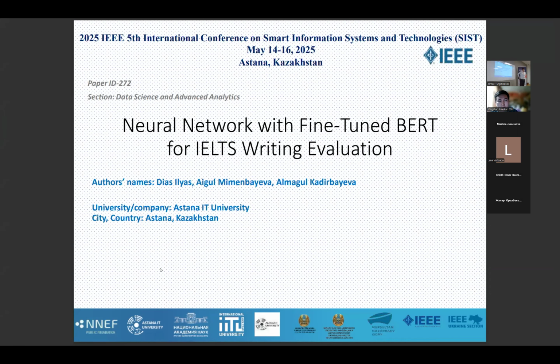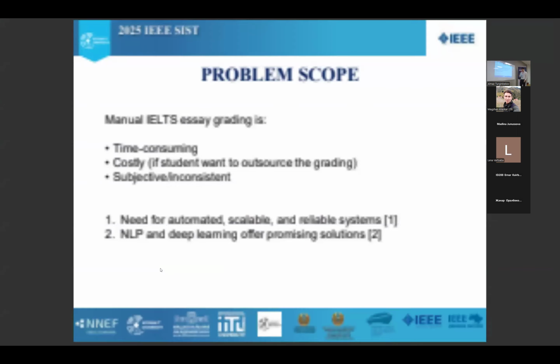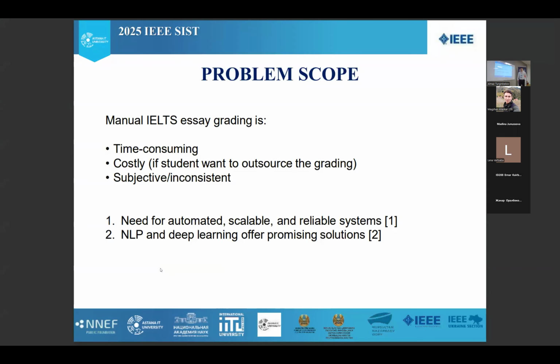For the researchers, my name is Dias, and I am going to introduce my paper named Neuronism for IELTS writing evaluation. The problem scope is that in our country, many students take IELTS tests every year, but manual evaluation of IELTS writing, especially the Writing Task 2 section, is very costly, time consuming, subjective, and maybe inconsistent.